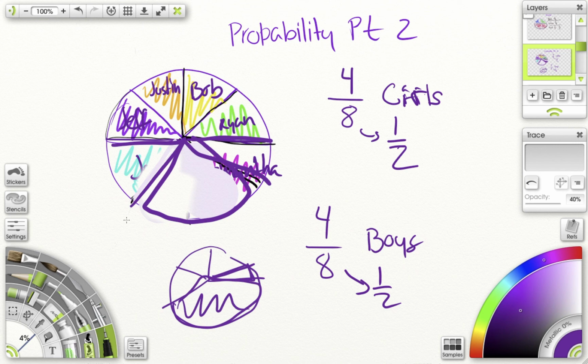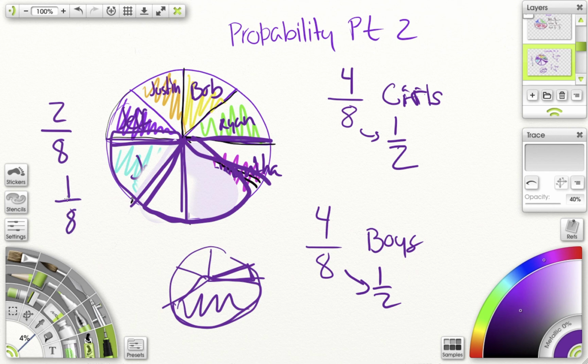Well, we did determine that half of the spinner is girls' names and the other half is boys' names. However, another question might ask, Jess says I'm just as likely to win the prize as Ryan is. Well, no, because Jess had a much bigger spot on the circle. She had 2 out of 8 chances to win the prize when Ryan only had 1 out of 8.